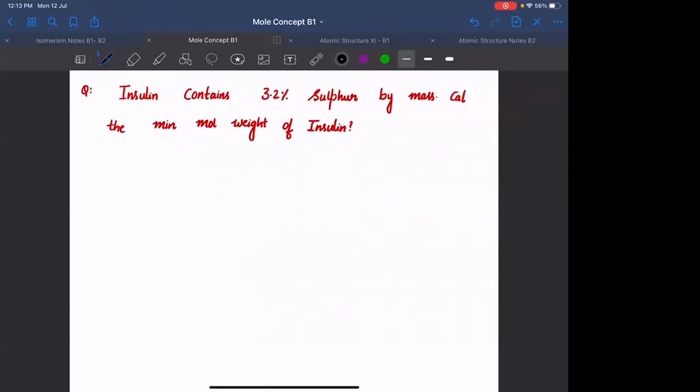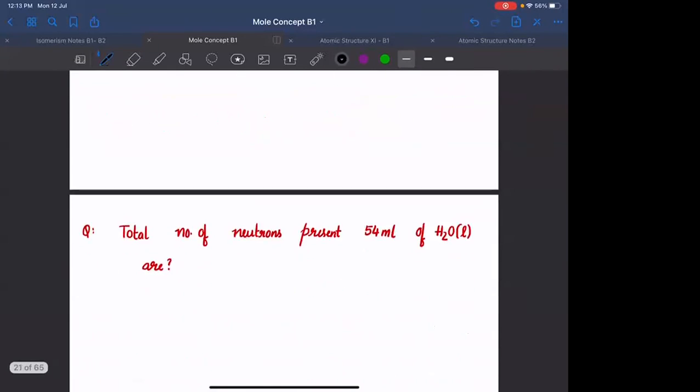Insulin contains 3.2% sulfur by mass. Calculate the minimum molecular weight of insulin. Everyone, please put your video on and attempt this question.